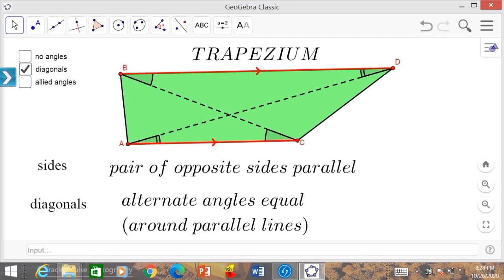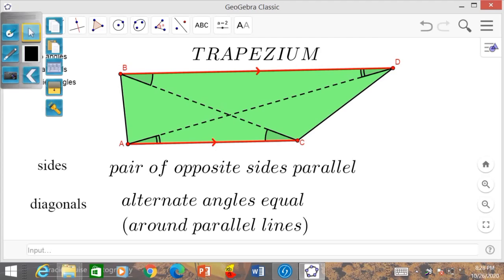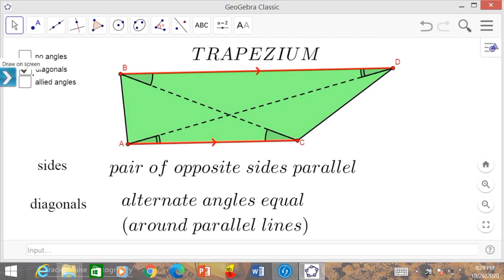So now alternate angles start from B. BDA and DAC are alternate angles. Remember the Z shape around the parallel lines. Angle BDA is equal to angle DAC.